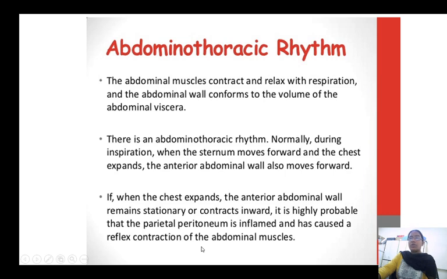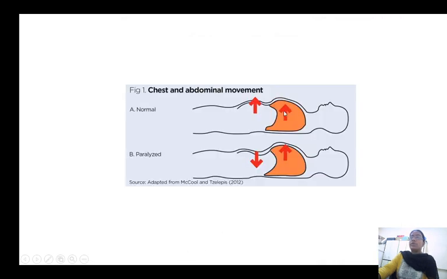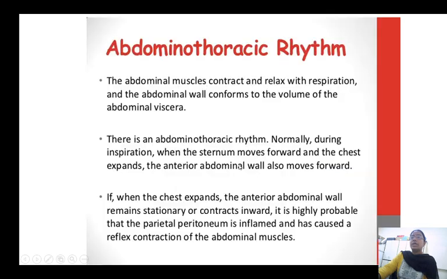Normally, whenever the sternum moves, the anterior abdominal wall moves as well. If not, it causes compression of the parietal peritoneum, and there is a high probability of the parietal peritoneum being inflamed.